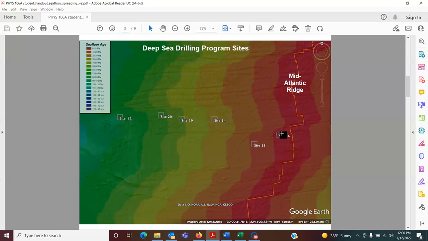This is site 16. We know that based on this color correlated with the legend, it's going to be close to 10, around 10 MA. Site 15, 10 to 20 MA, then you get 20 to 30. It just gets older the further away you get from the mid-Atlantic ridge.